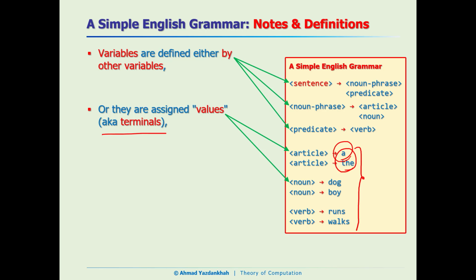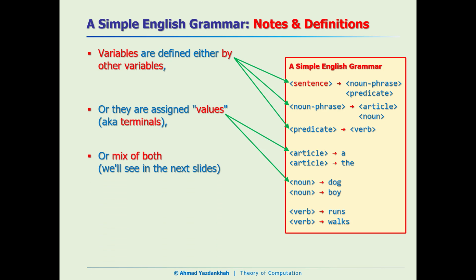They can be defined as a value, as another variable, or a combination of other variables. We have all of these situations, or we can have a mix of both. A variable can be defined as another variable followed by a value, or a value followed by another variable, or a mixture of this that we will see in the next slide.